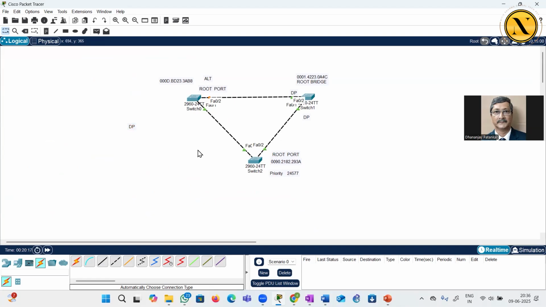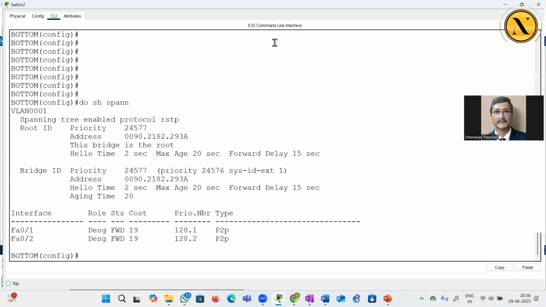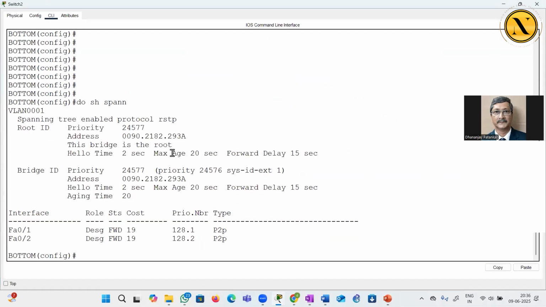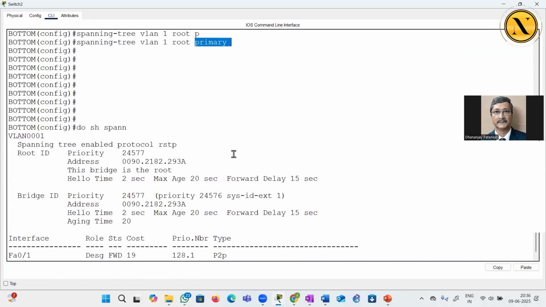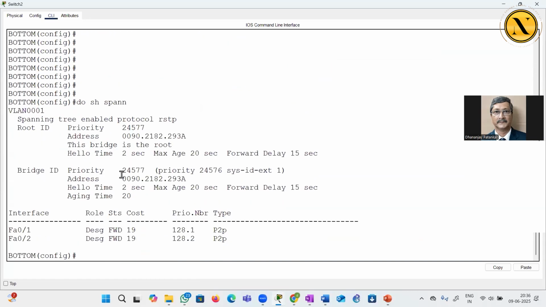Okay. What did we say? Spanning tree VLAN 1, root primary. We gave this command. So on another switch I can go and say spanning tree VLAN 1, root secondary. If I say that, that switch's priority will become this plus 4096, because priority only increments in steps of 4096.